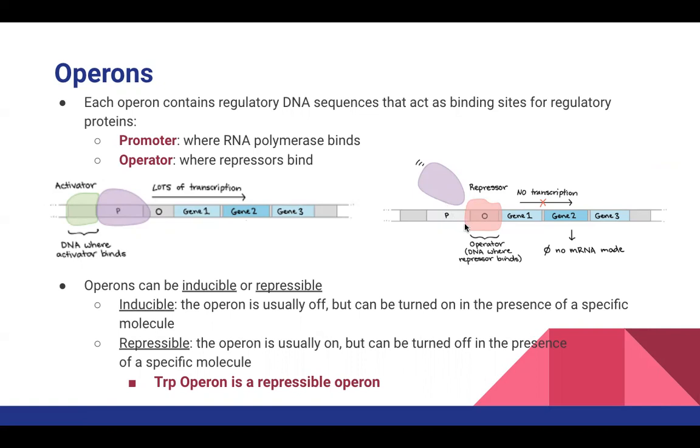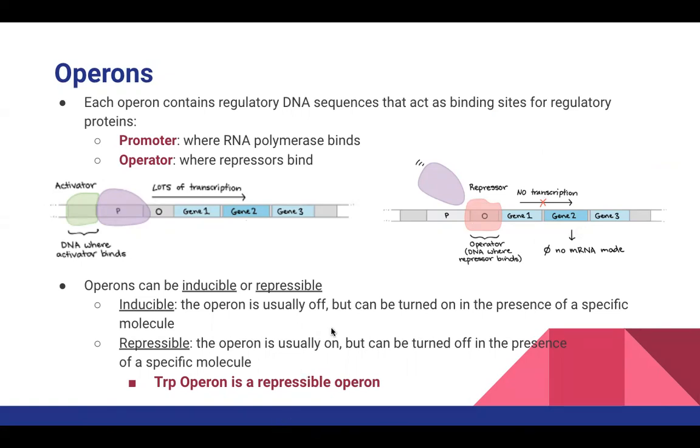And the operator is where a repressor can potentially bind to the DNA in order to prevent the RNA polymerase from binding and transcribing the DNA that comes after the operator.